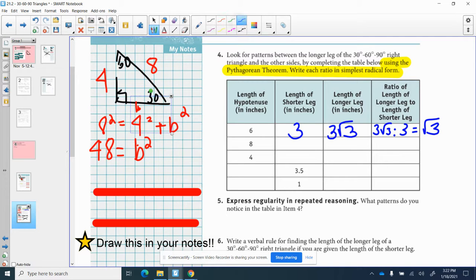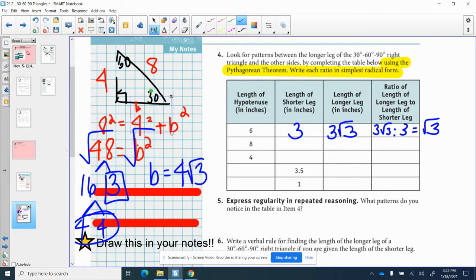When we take the square root, we notice this breakdown of 16 times 3, and 16 is 4 squared. The 3 is left inside the square root, so our remaining leg is 4 square root 3. And again, we see that square root of 3 become a piece of our puzzle. This is going to keep happening throughout this, okay?